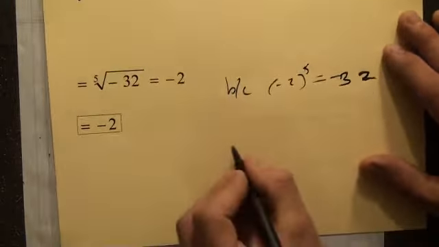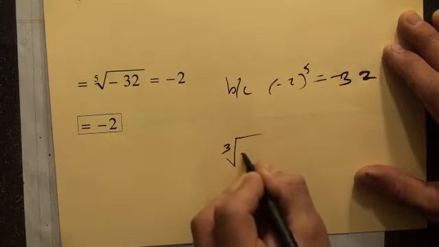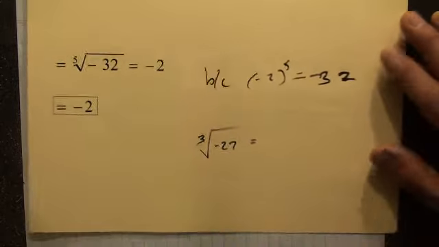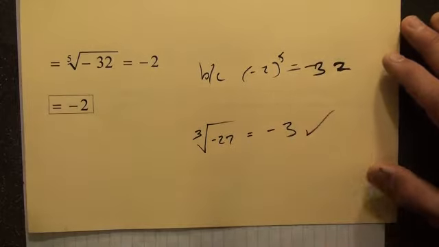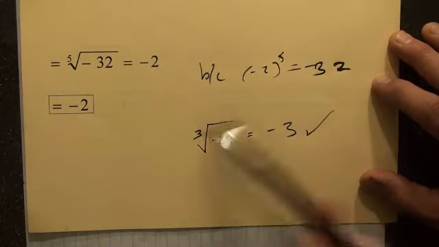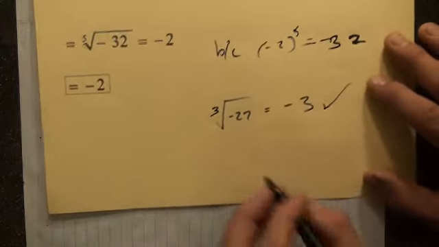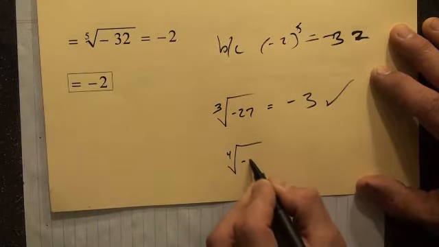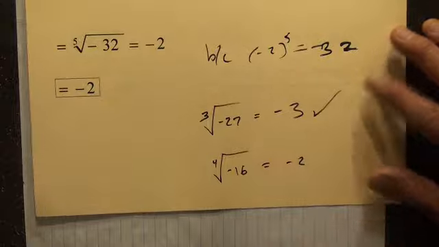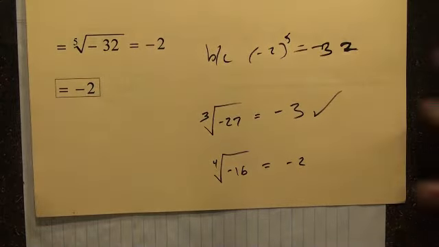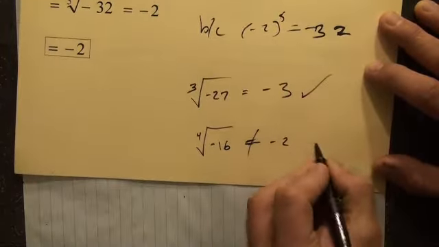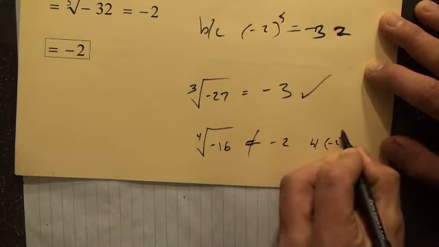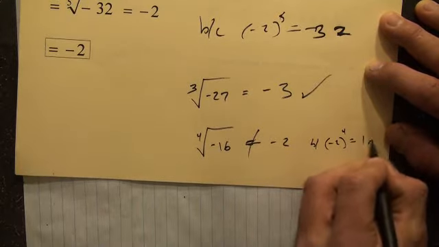What if we were asked to do the cube root of negative 27? Well, what's the answer? Negative 3, because of the same reasoning. Negative 3 to the 3rd power is negative 27. But what about the fourth root of negative 16? Is that negative 2? And the answer is no. This is not true because negative 2 to the 4th, how much is that?